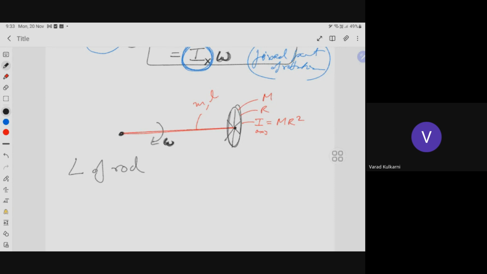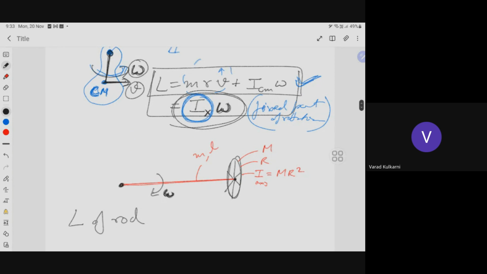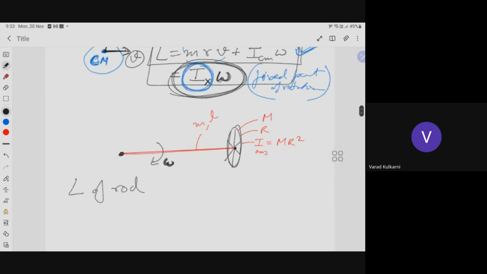Anybody? So is it ml squared by 3 omega? Absolutely right. You're using this formula, right? This one. Yeah. So it has got a fixed point of rotation. Which one is the fixed point? There's a fixed point.